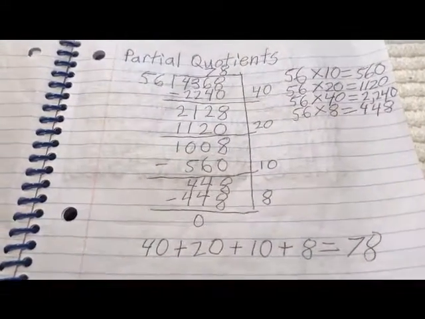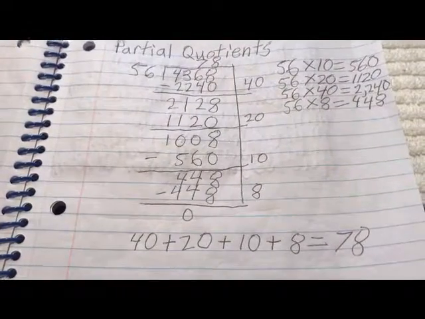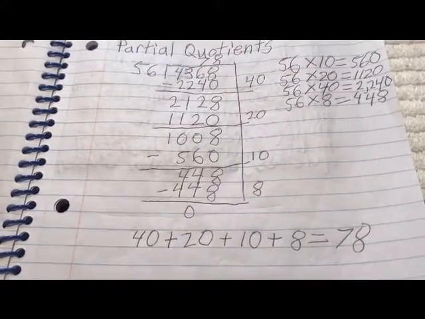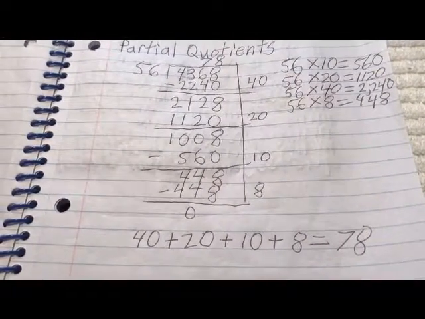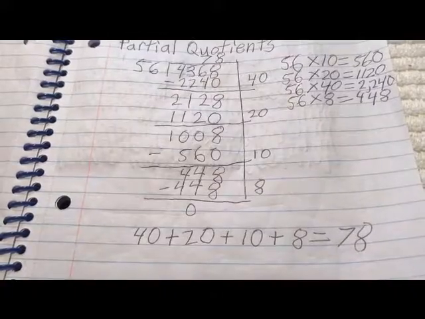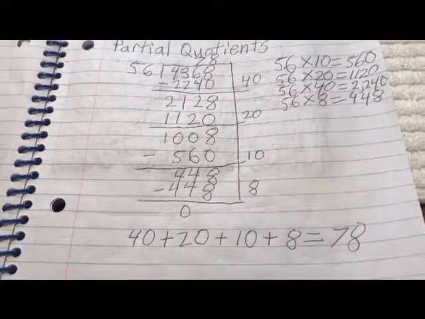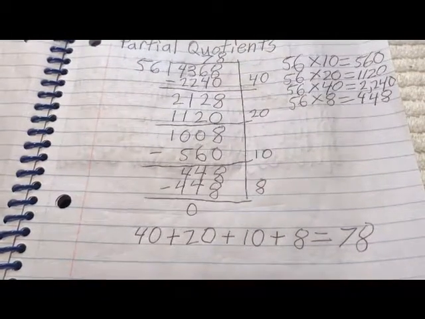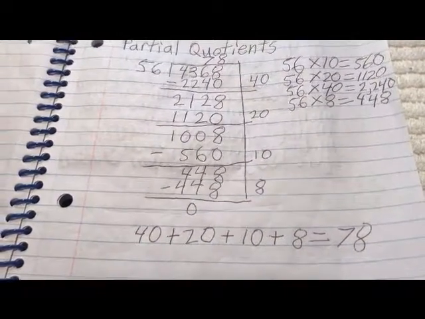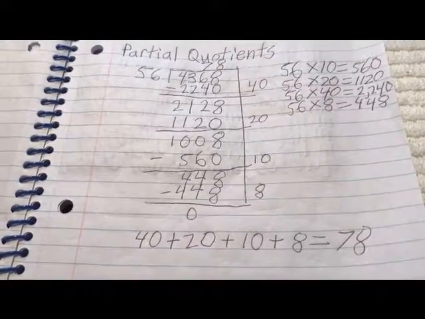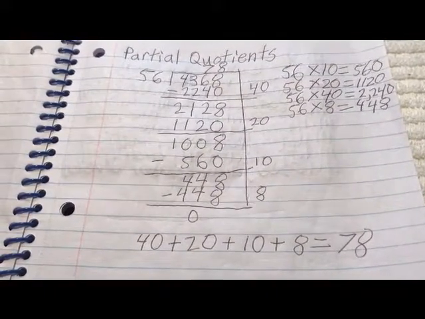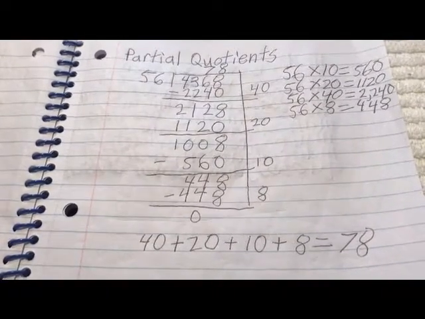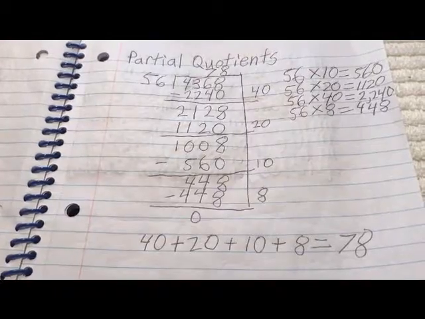So I used 56 times 40 in the beginning and subtracted it from 4,368, got 2,128, and then subtracted from that number using 56 times 20. And then from that, we subtract 56 times 10, and then what is close to 560, which is 56 times 8, trying a smaller number.